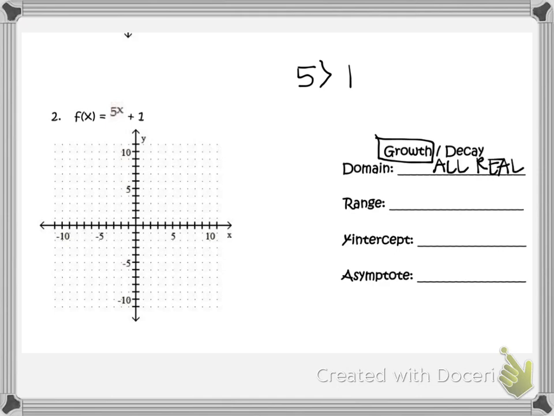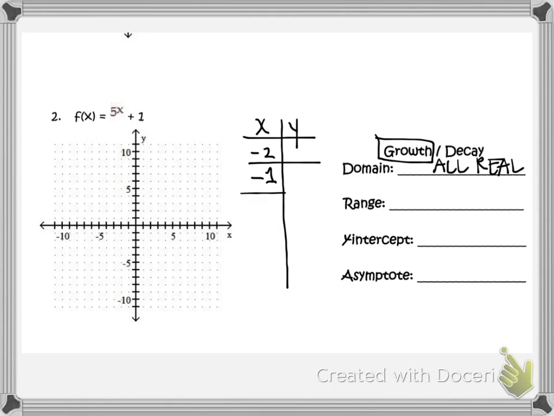Okay. So now let's graph. So we plug in some values for our x and we solve for the y. So plug in -2, -1, 0, 1, and 2. Okay.